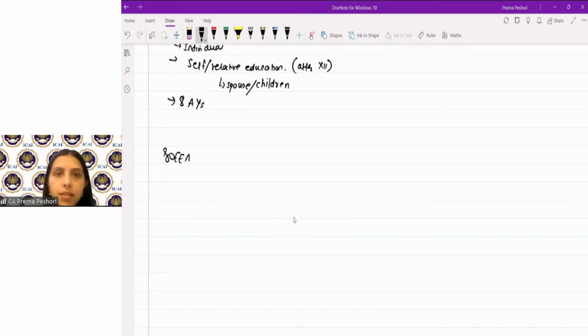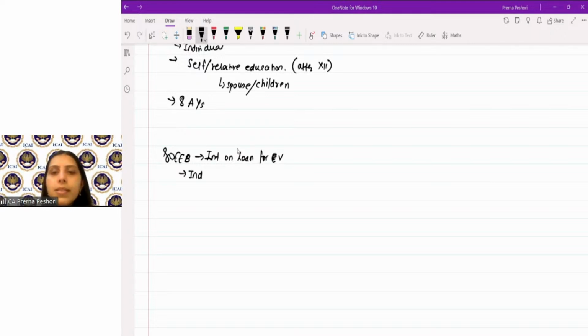Then this is the new one, 80EEB. Why I'm not writing 80EE also is because this was also for the loan sanctioned prior to 31st March 22. Now this is for the electric vehicle, interest on loan for electric vehicle, EV. This is available to the individual.